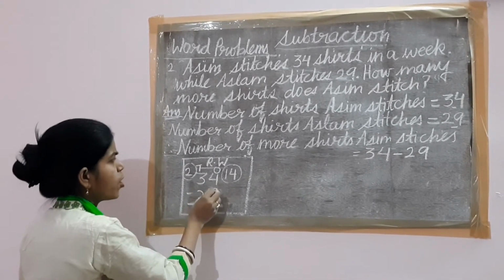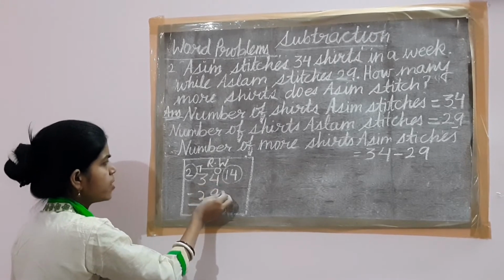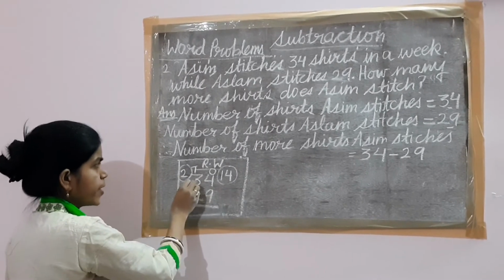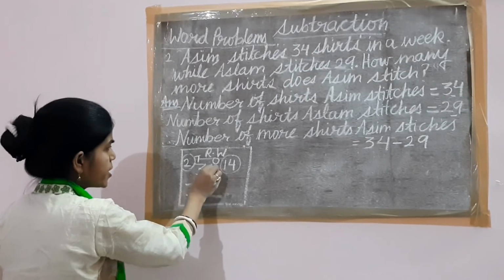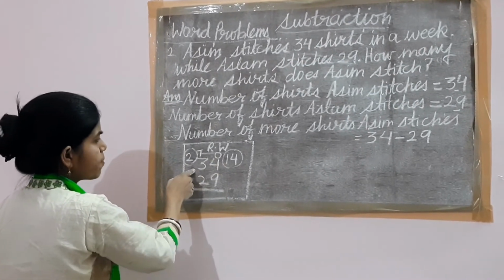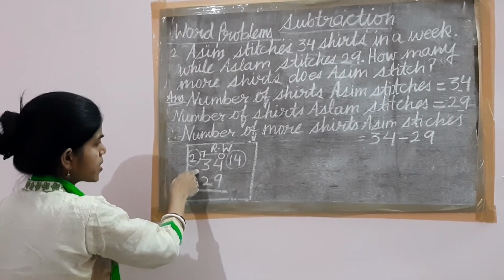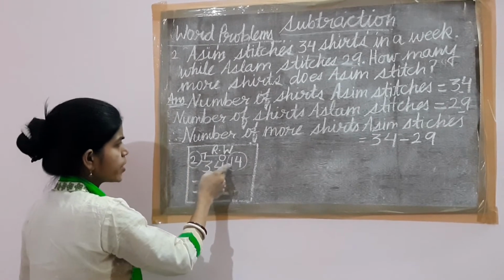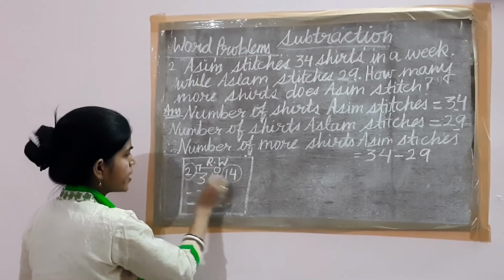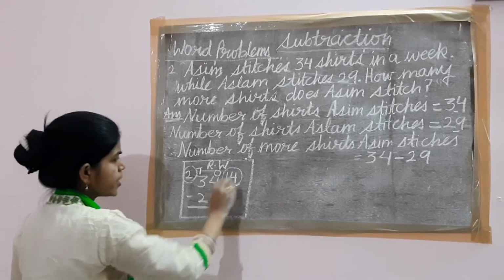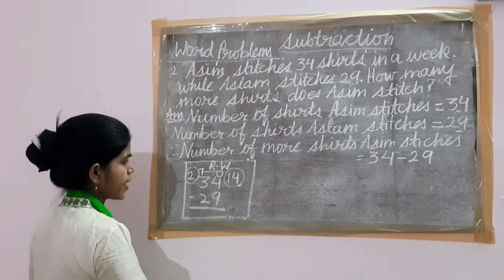Because ones always borrow from the left side place value. Like the ones place, on the left side, which place is there? Tens place. So we take from there. So here we have 2 tens and 14 ones. Now from 14 ones we can easily subtract 9 ones.